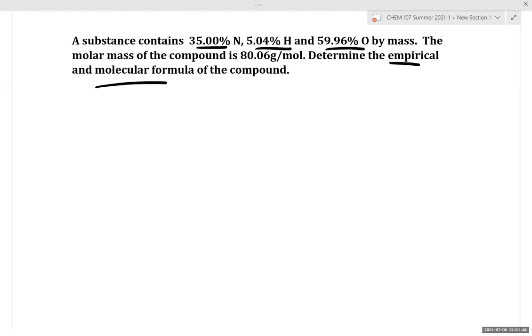So as we work through this example, does anyone have some initial thoughts or ideas that they'd like to share?